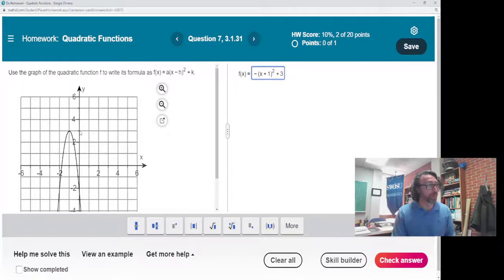I'm going over 1, down 5. That tells me this lead coefficient should be -5. Negative because it's going down, and 5 because that's the jump from the vertex to the next point on the graph that's on the grid.